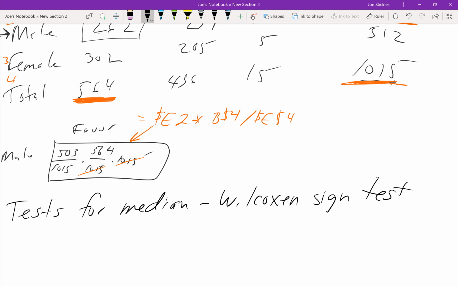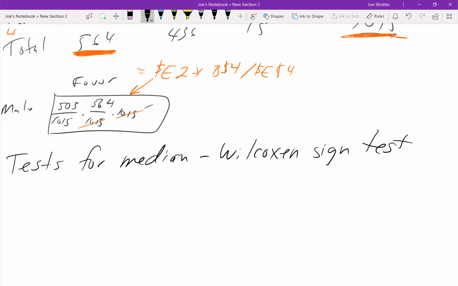Okay. The other one is if you've got two different types of groups and you're trying to see if the medians are different. That's a different statistic where you have to remember the different expected value and the variance, and I'm not going to ask you that on the test. Okay. When it's a Wilcoxon sign test, I want you to use it where the expected value is 0 and the variance is the sum of the squares of the first n integers.